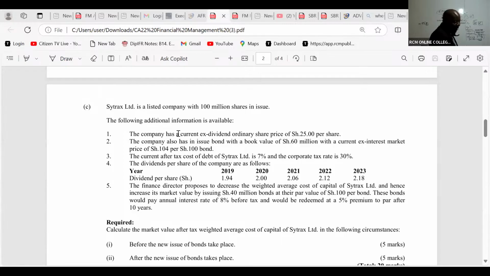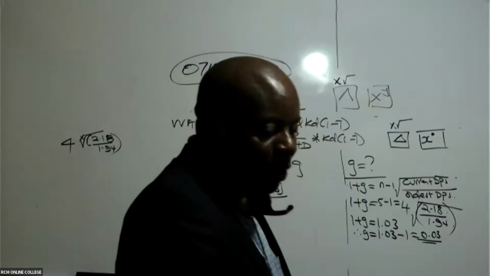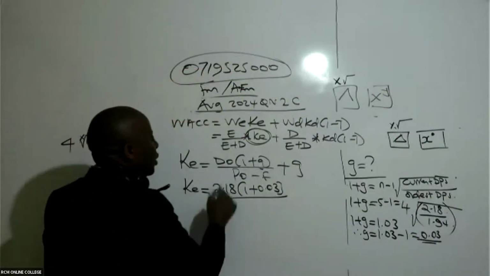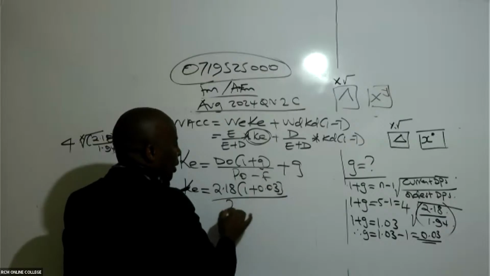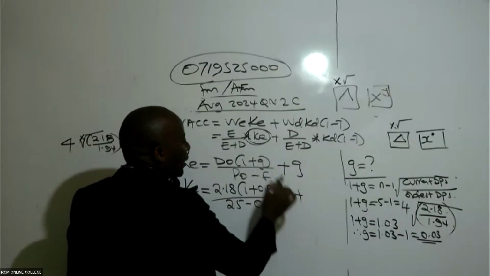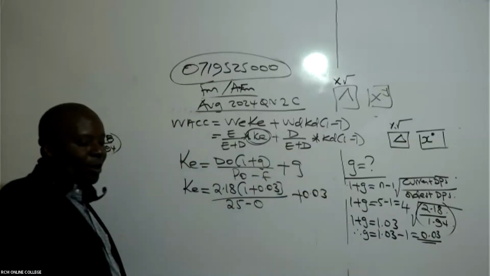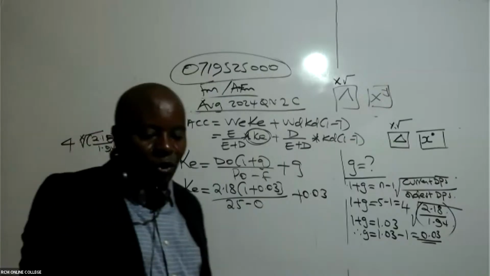The company has a current ex-dividend ordinary share price of 25. So in this case, the current price per share, not per bond, but per share, is 25. There is no flotation cost given here, plus this growth rate of 0.03.